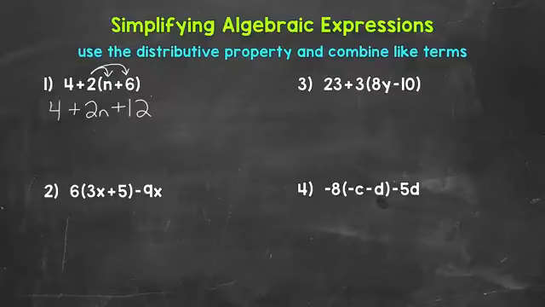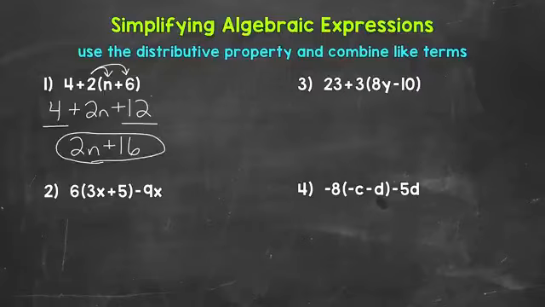Now that the parentheses have been removed, we can look to simplify further by combining like terms. 4 and 12 are like terms. Those are constant terms, so we can combine them. 4 plus 12 gives us 16, so our final simplified expression is 2n plus 16.